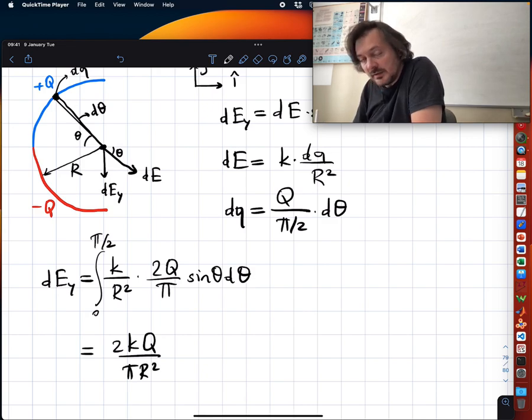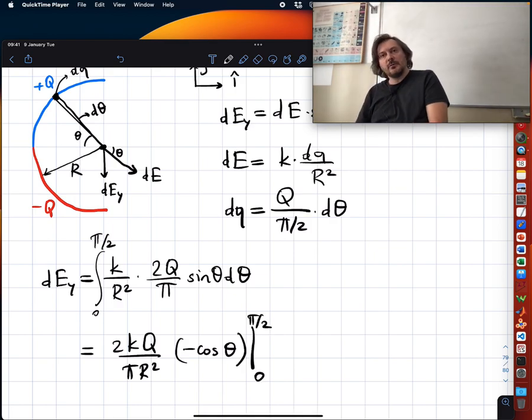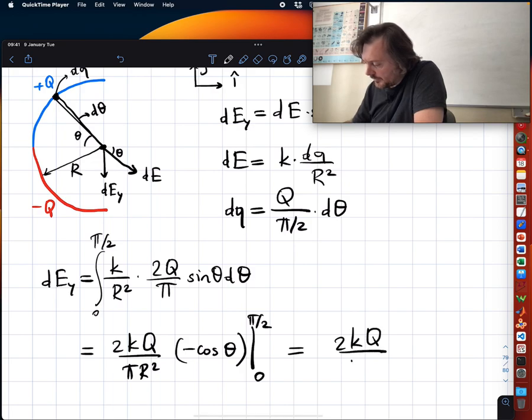The integral of sine is minus cosine theta, evaluated at pi over 2 and 0, and it becomes 1 at 0, right? At pi over 2, it's 0. So I get a positive value from this, right? I get just 2kq over pi r squared.